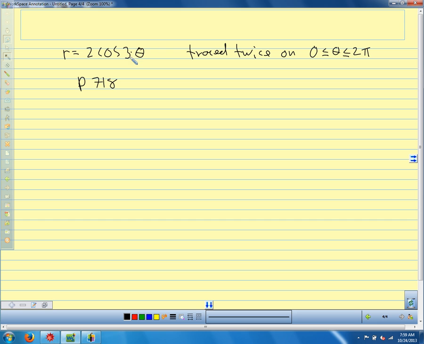This particular type of curve, r equals 2 cosine 3 theta, is called a rose curve. So r equals a cosine n theta and r equals a sine n theta are rose curves.